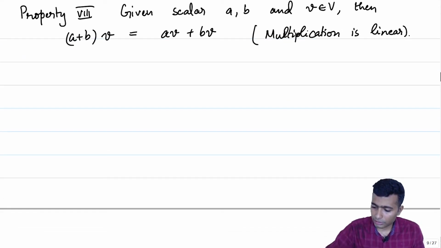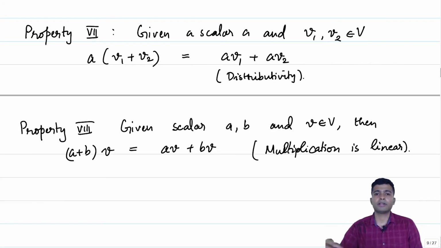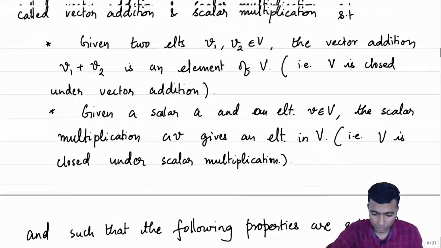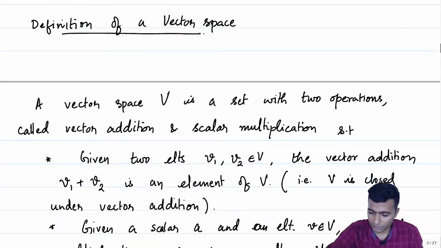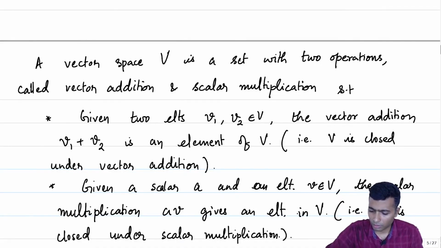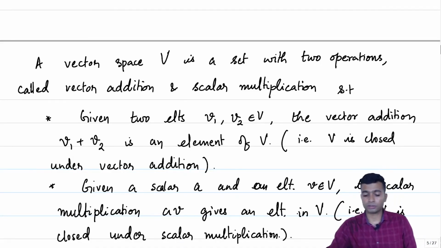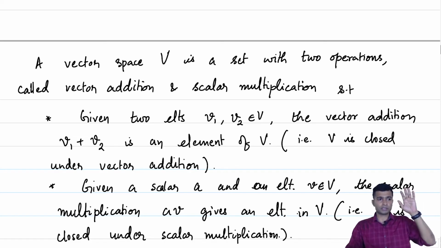Alright, so these are all the properties that our vector addition and scalar multiplication should satisfy. Let us just quickly go over what we have just written down. What is a vector space? As you can see, it is quite a long definition. A vector space is a set V which has two operations, a vector addition and a scalar multiplication.